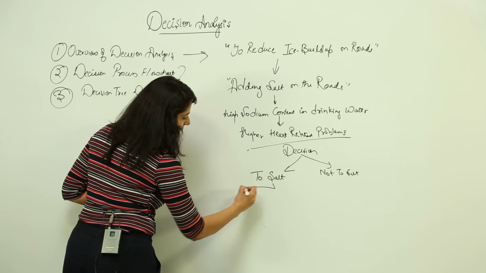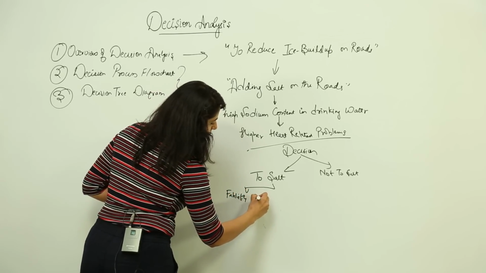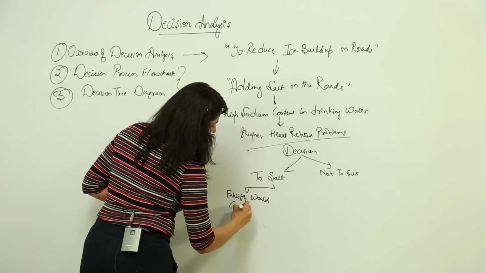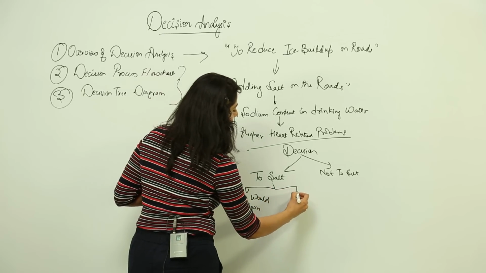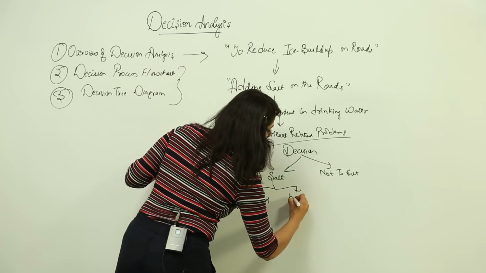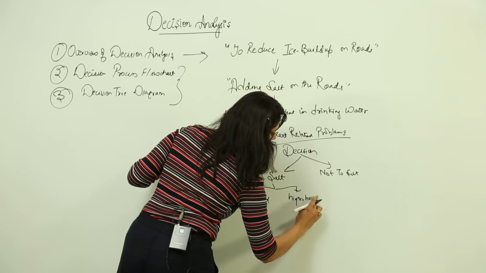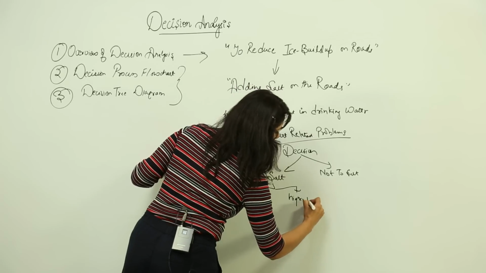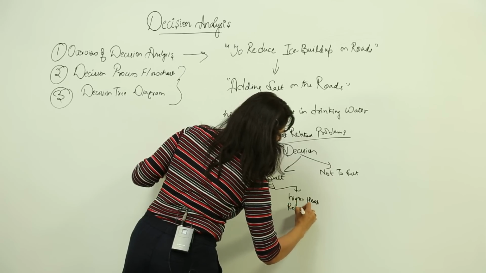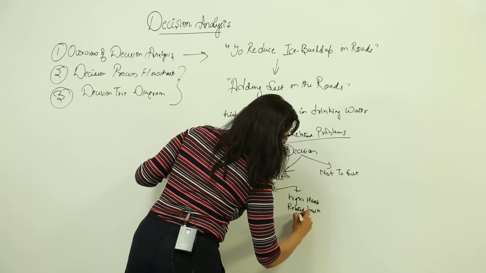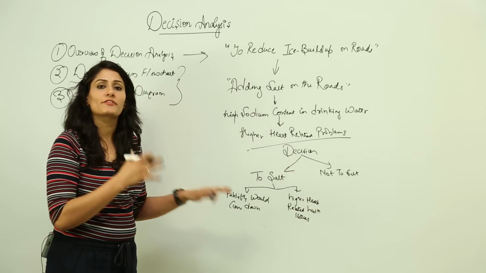The first is that the fertility rate would come down, and the second outcome can be higher heart related health issues. So they will find out what is the probability of each.